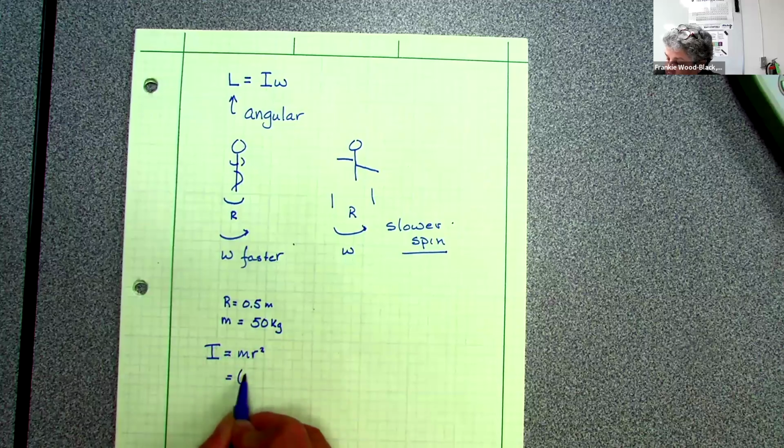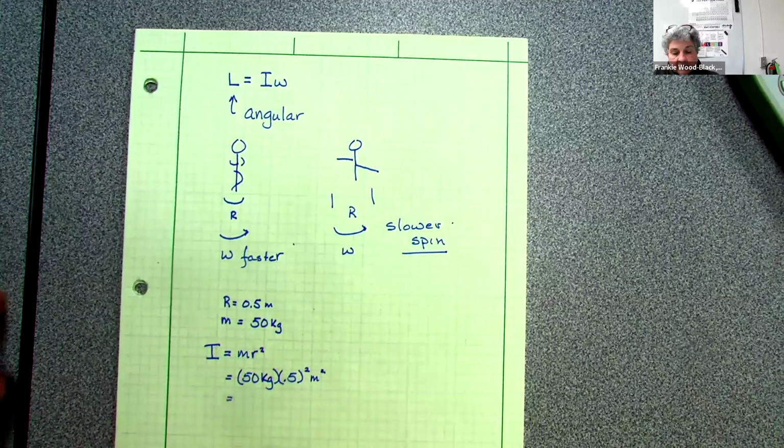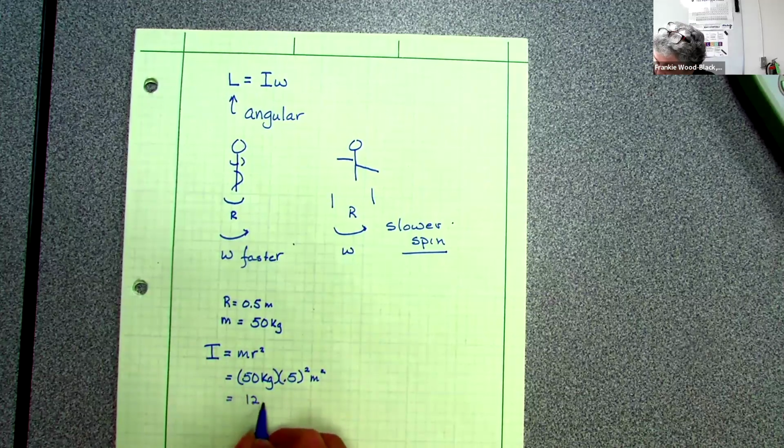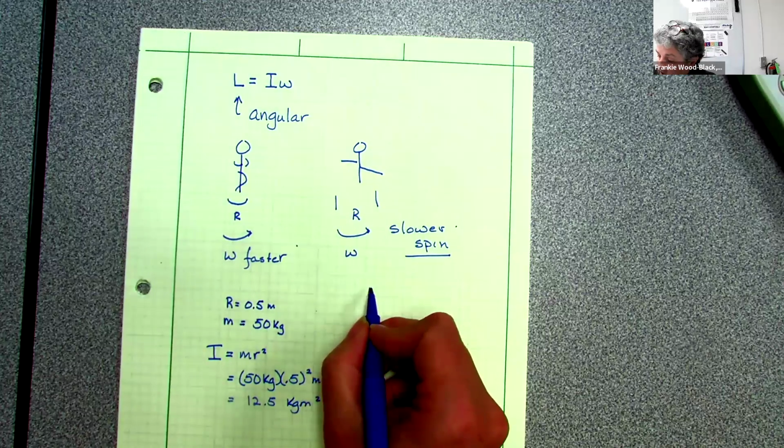So we get 50 kilograms times 0.5 squared meters squared. If I do that, I get 12.5 kilograms meters squared.